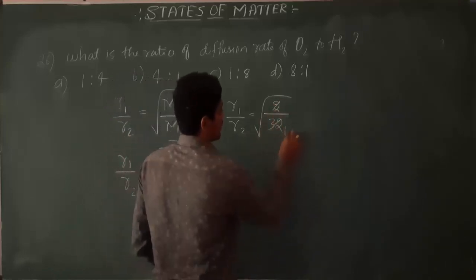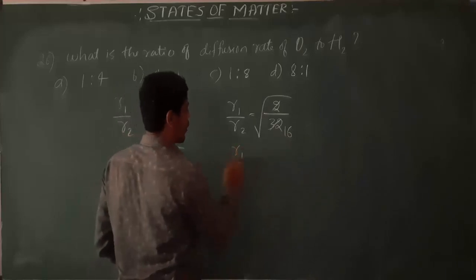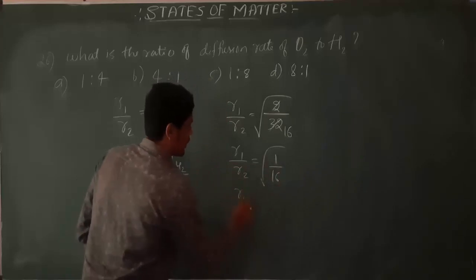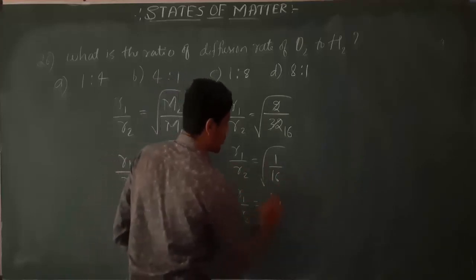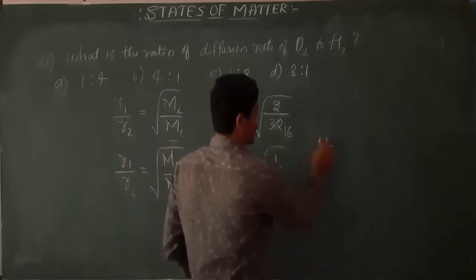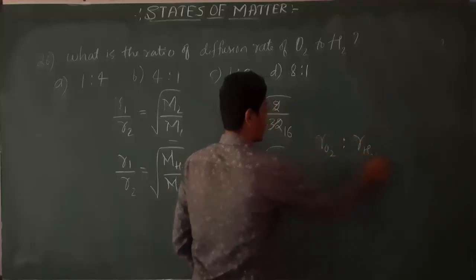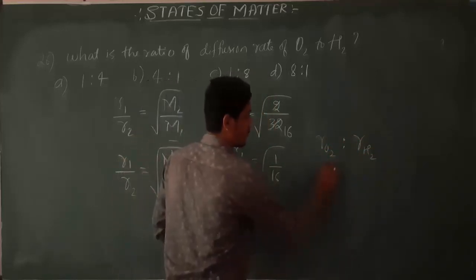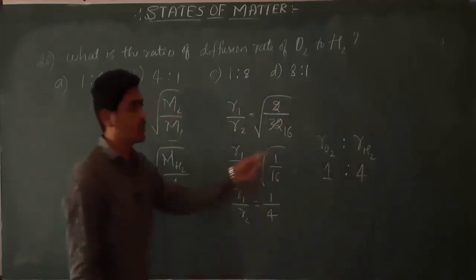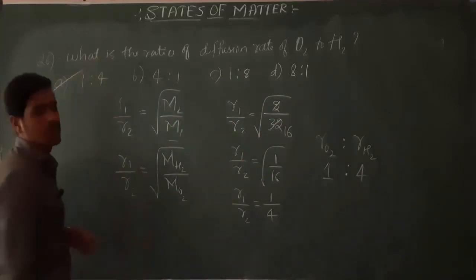Therefore R1 by R2 is equal to square root of 1 divided by 16. Taking the square root, R1 by R2 is equal to 1 divided by 4. So rate of diffusion of oxygen to the rate of diffusion of hydrogen will be 1:4. So 1:4 is the correct answer. So which option is right? Option A is the right one.